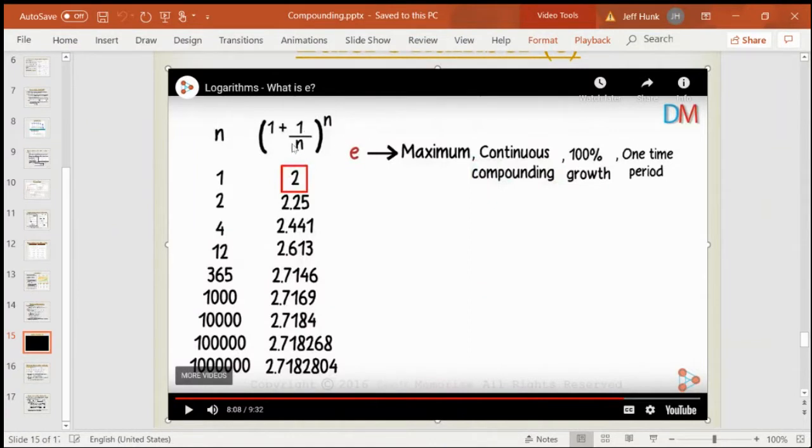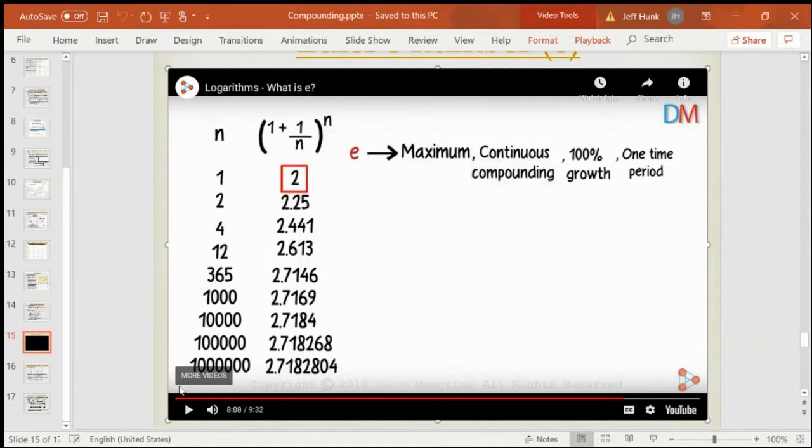But the idea is, if the compounding frequency increases, right? That means the denominator increases and the exponent increases. And then as it happens, what's going to be the result of this compounding, right?